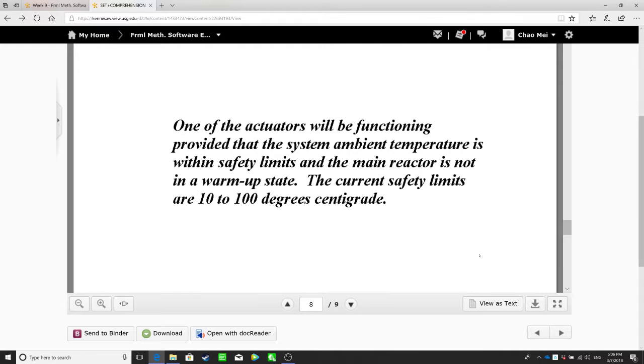Reactors will be functioning provided that system ambient temperature.